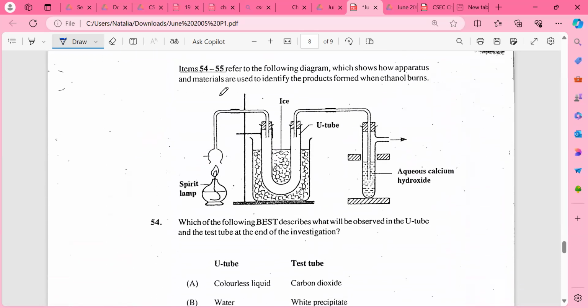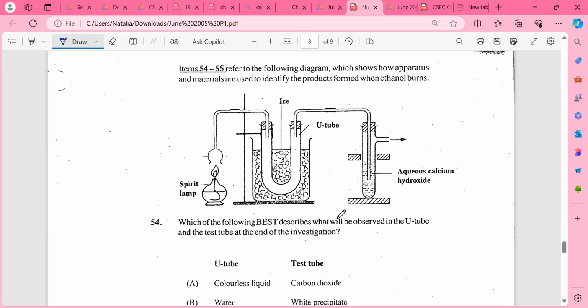Here we are burning some ethanol. When all organic compounds burn, they burn to give carbon dioxide and water. So here, the ice is going to cause the water vapor to form liquid water, and then the carbon dioxide is going to go into the calcium hydroxide where it forms calcium carbonate.